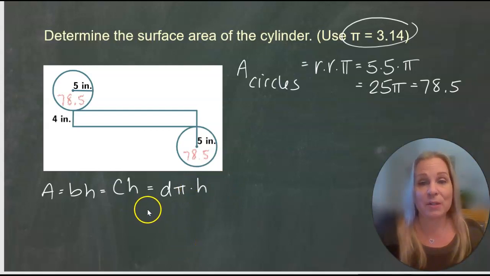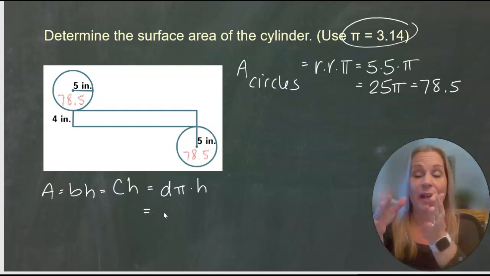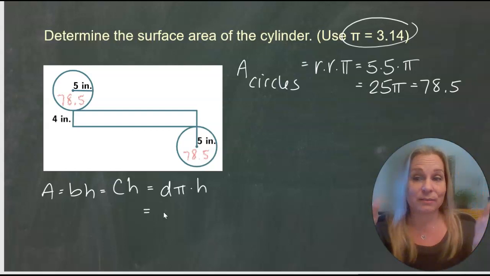All right, so the diameter, we're not given, but we are given that the radius is 5, and the radius is halfway, right? The diameter is all the way. So if the radius is 5, that means that the diameter is going to be 10.